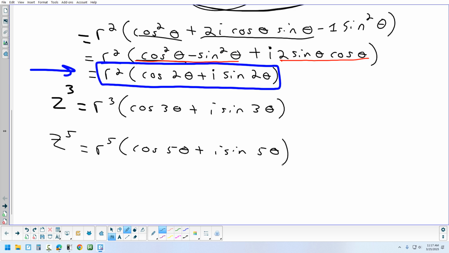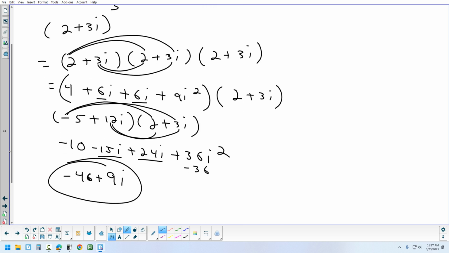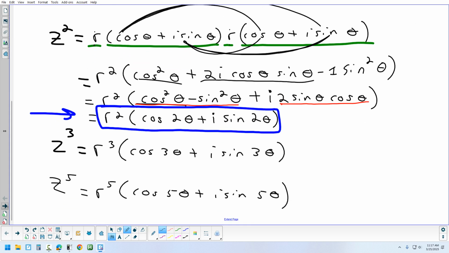So instead of raising something to a power and having to do out all of these steps, and that was only to the third power, could be a lot worse than a power of 3, we can eliminate all of those steps and turn it into 2 calculations. Take the radius and raise it to the power. Take the angle and multiply it by the power.